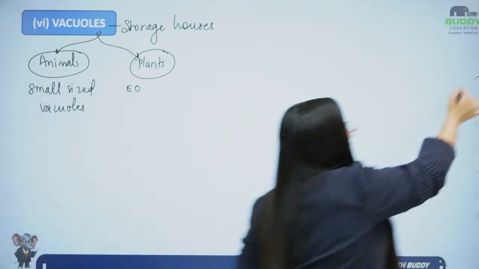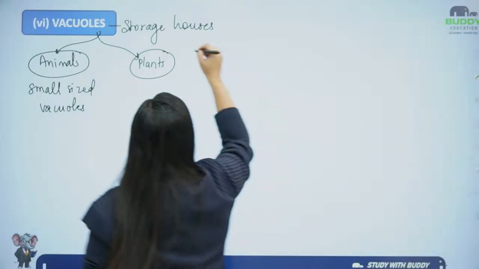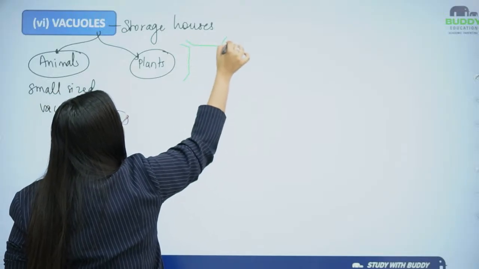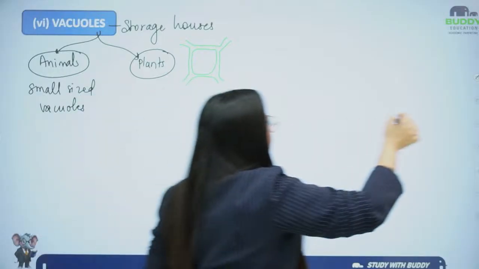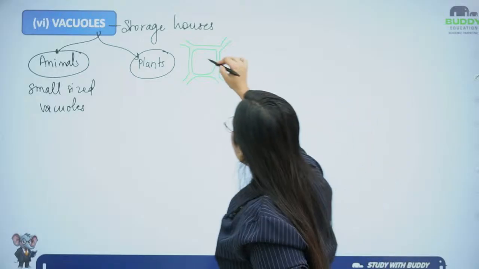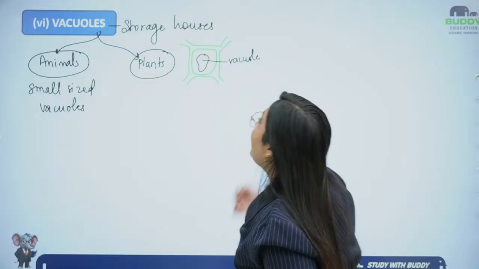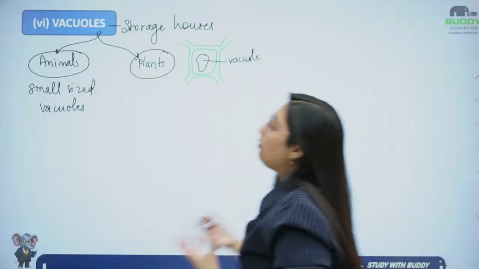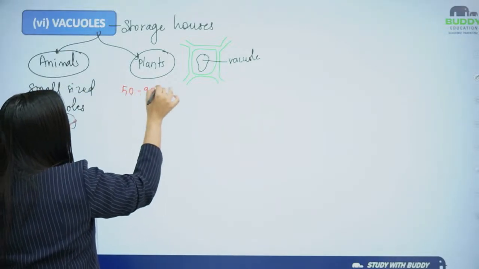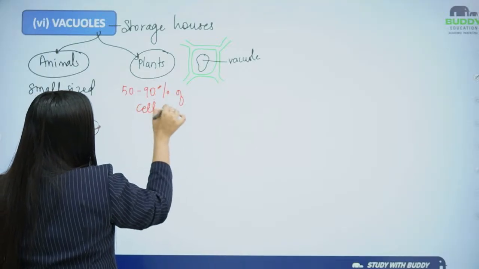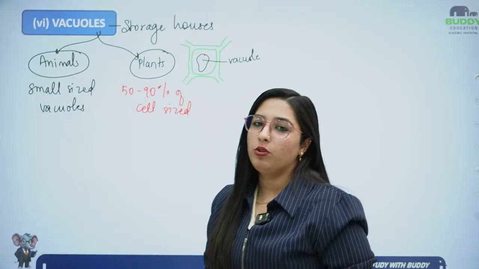Okay, so this is our plant cell, and this is a vacuole. It takes about 50 to 90% of the cell size. So in a plant cell, vacuoles take up 50 to 90% of the cell size. So they are large, and it can be central, and it can have multiple vacuoles at a time.